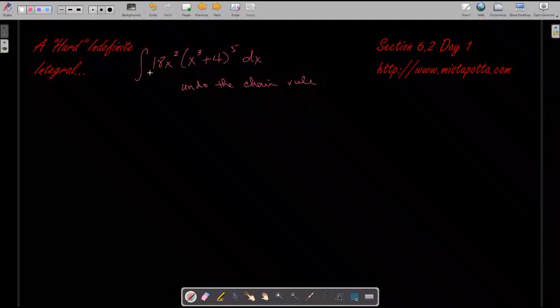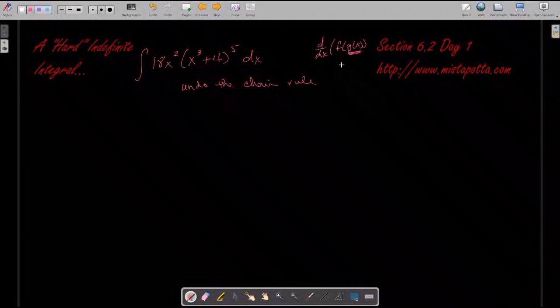Now remember that the whole reason that we did the chain rule was because we were trying to take the derivative of a composition of functions. And so what I really need to do is identify this innermost function.